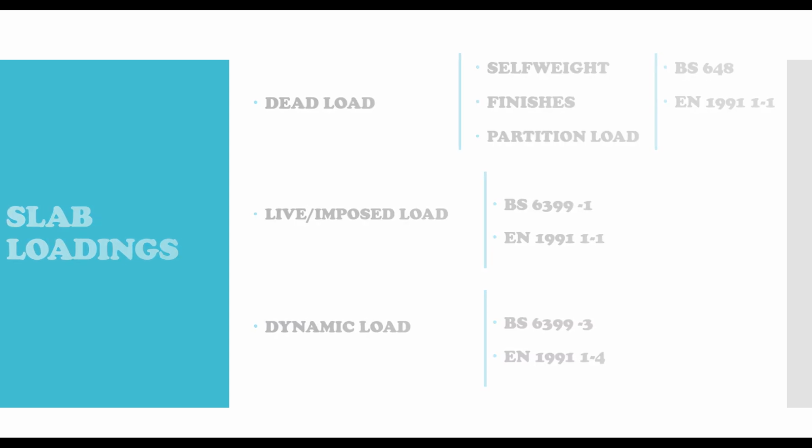So let us now look at how you can estimate the loadings on a slab. To estimate, for example, the live load or imposed load is very easy because they are already given in the code. All you have to do is go to where you can find them in the code and pick the value.